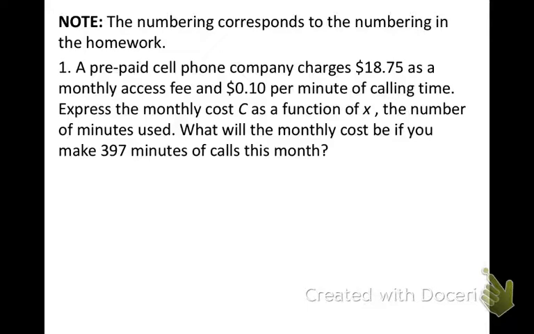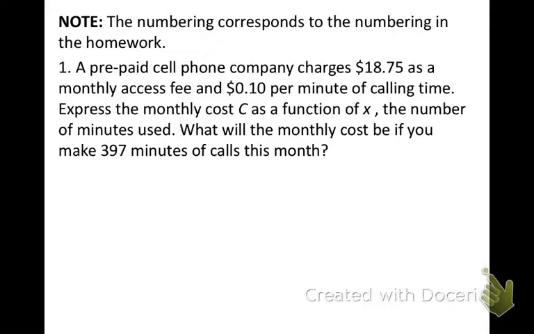So what we need to think about in this problem is that no matter what, you have to pay that monthly access charge of $18.75. And then your cost is going to increase from there by 10 cents for every minute of calling time. Now, it also lets us know here that our function notation is going to be c of x. So we've got to make sure that we use c of x instead of y.